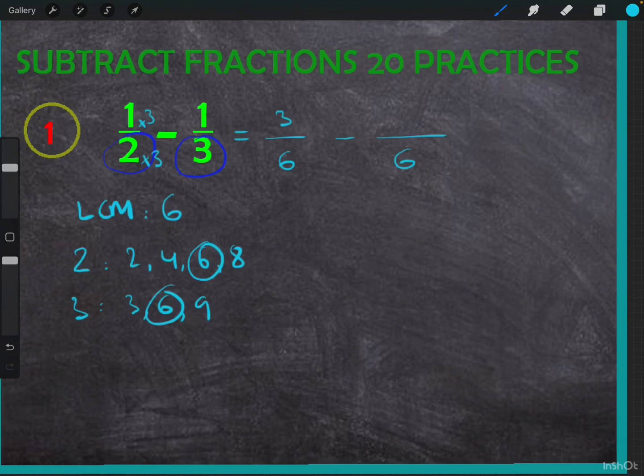For the second fraction we must times 2 to 3 and times 2 to 1, and then we get 2 over 6, the equivalent fraction of 1 over 3. Now we have two new fractions with the same denominator, so we subtract the two numerators. 3 subtract 2 is 1. So the answer for practice number 1 is 1 over 6.